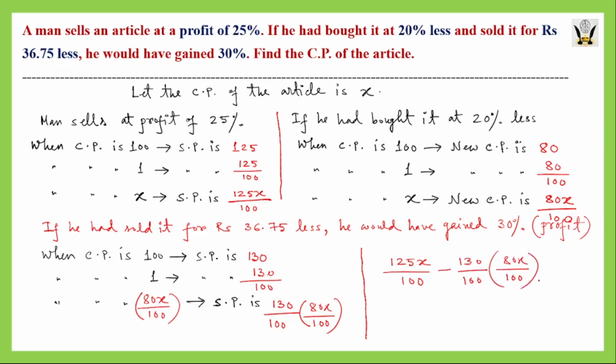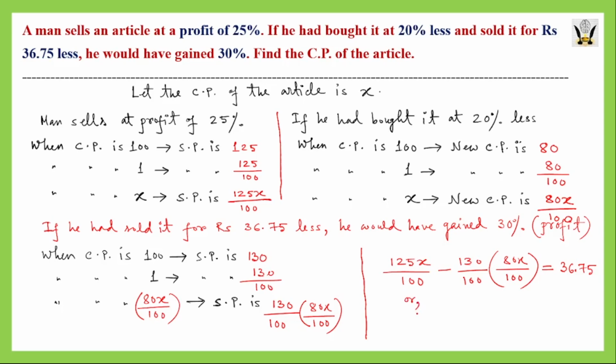The difference of these two selling prices is 36.75. The second selling price is less than the first selling price, so we subtract the second from the first, and this amount is 36.75. Now this is again a linear equation of the unknown variable x, and if we simplify further, that we already know because I have already taken classes on that.